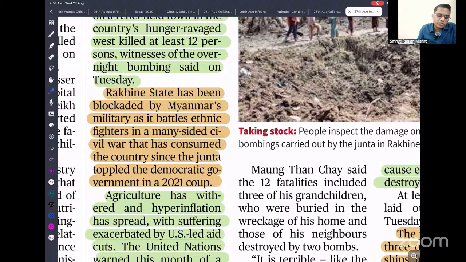Later, the militants that grew from Rakhine State are called the Arakan Army. Arakan Army retaliation. That led to the fleeing of all these Rohingya migrants to Bangladesh. So that created a humanitarian crisis.